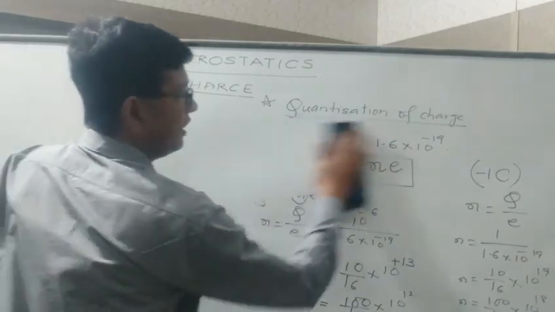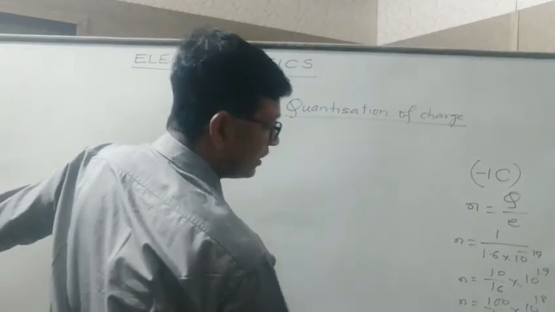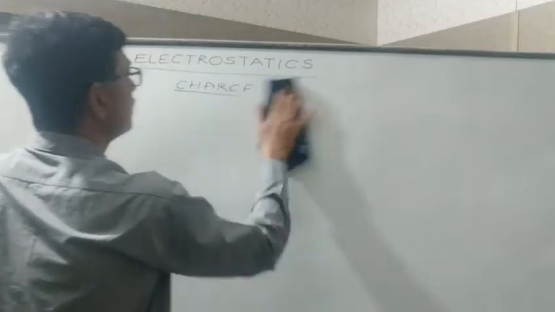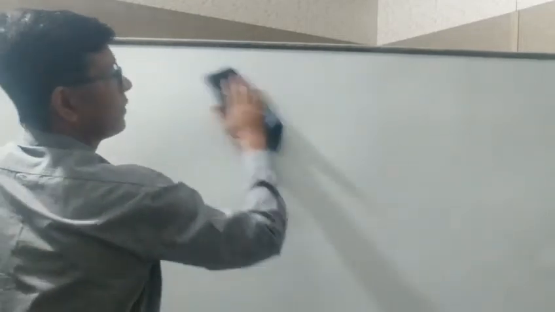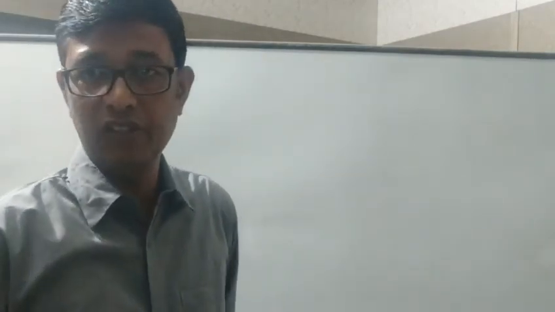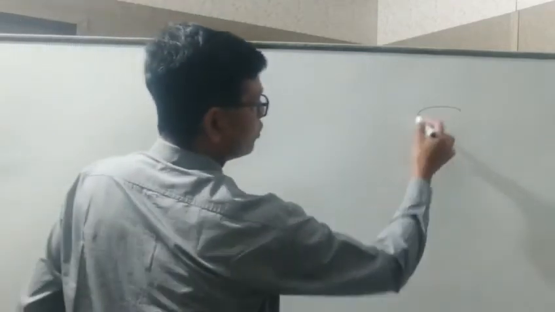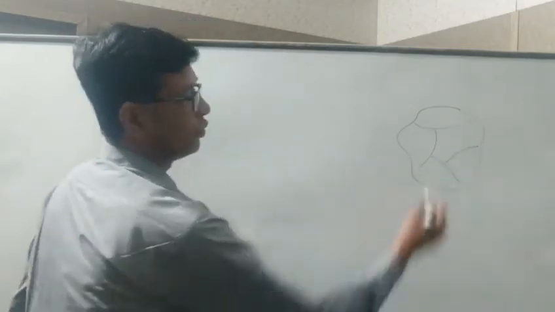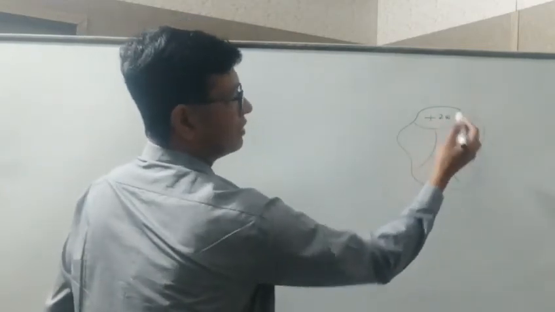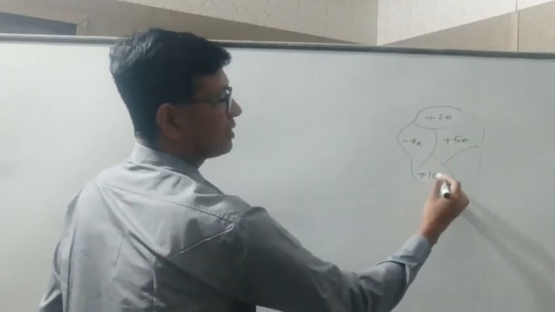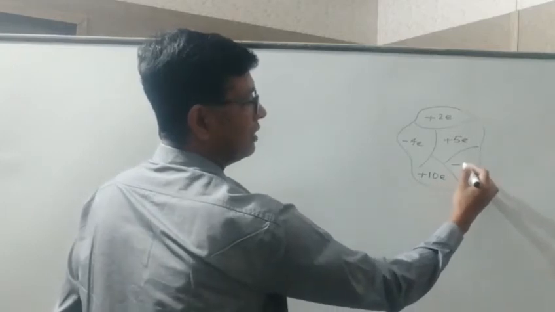We were dealing with the properties. This was a very, very important property. We have discussed conservation of charge and quantization of charge. Then you are aware, charge is additive in nature. What I mean to say is that, suppose there's a body and these are the different parts. Suppose it possesses charges of plus 2e, minus 4e, plus 5e, plus 10e, and minus 2e.